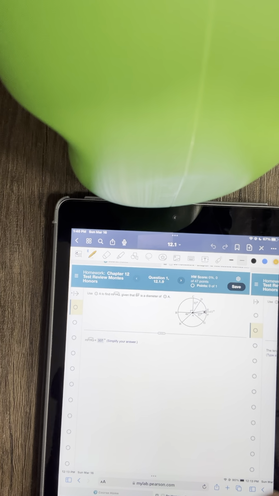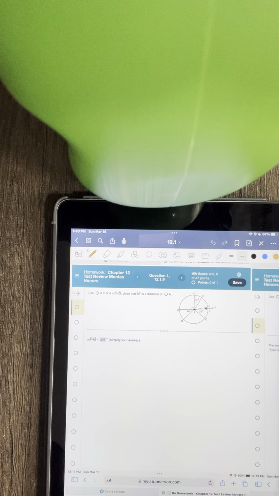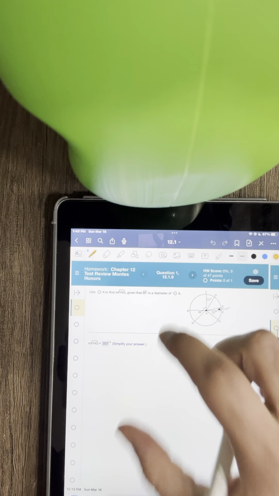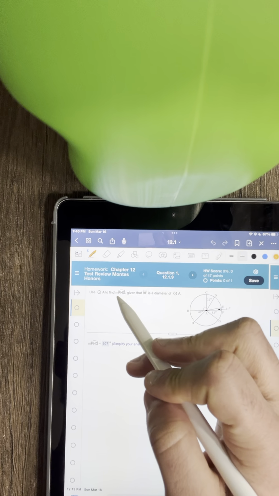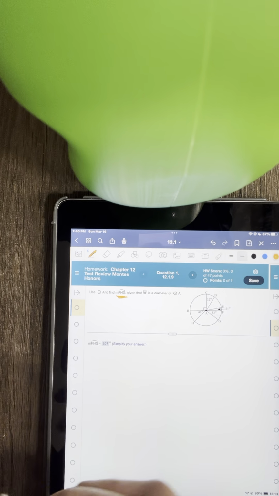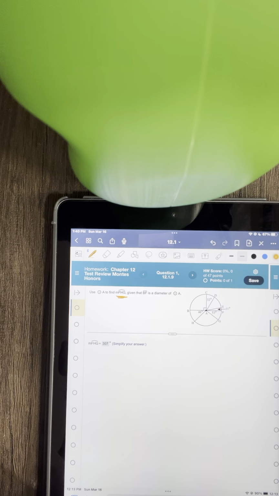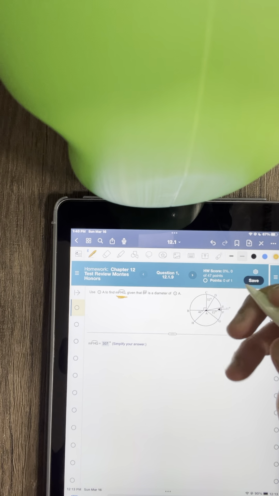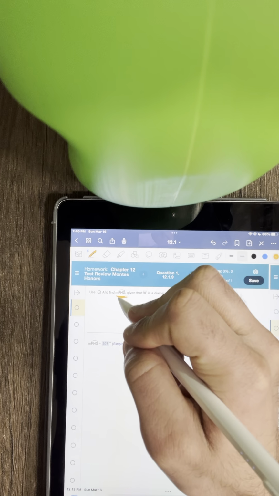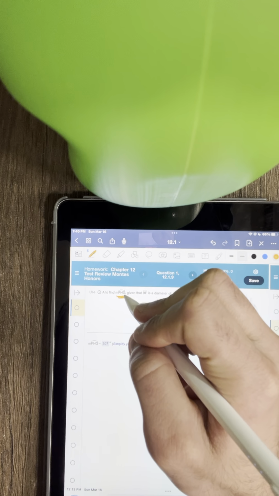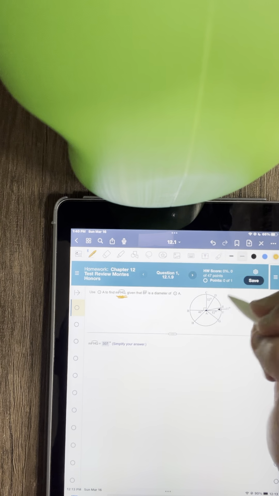All right, so let's start the chapter 12.1 review. Use circle A to find the measure of FHG. Now remember, measure means that we want the degree, right? So we're gonna follow this exact degree, FHG, in that same order.